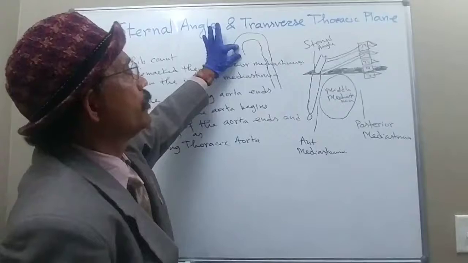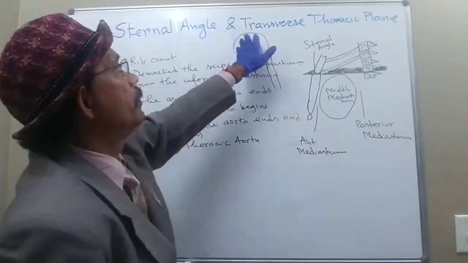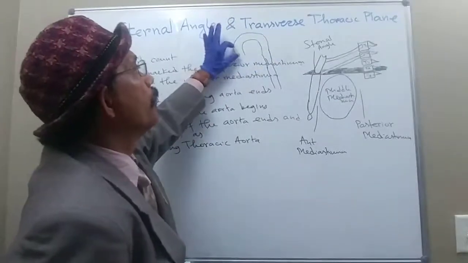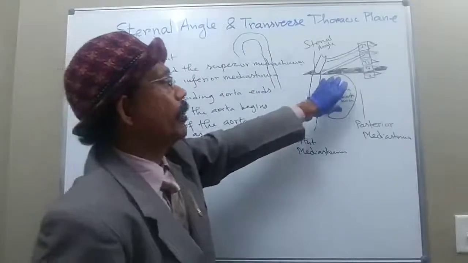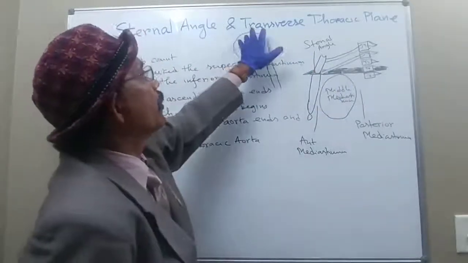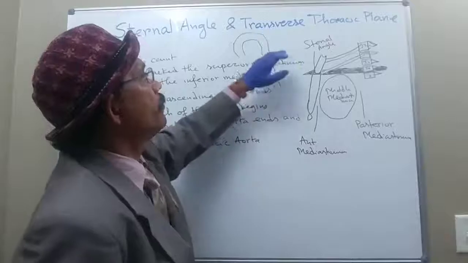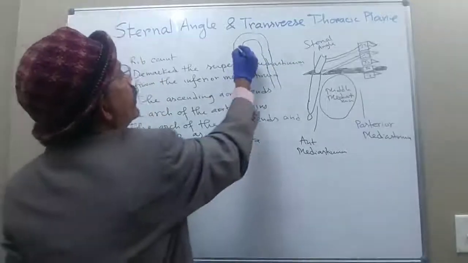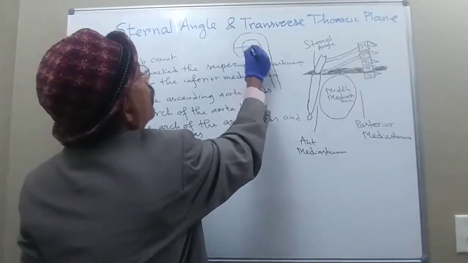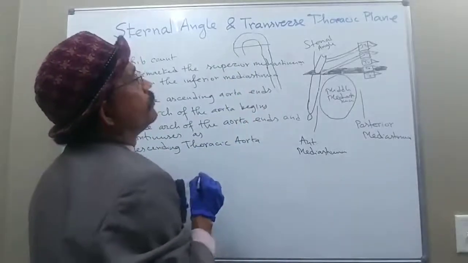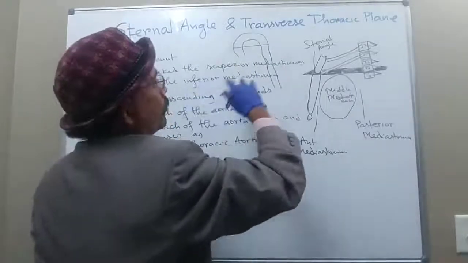The ascending aorta is a content of the middle mediastinum because it is coming out of the heart. The arch of the aorta is a content of the superior mediastinum. The beginning and end of the arch of the aorta are at the same level, at the transverse thoracic plane.